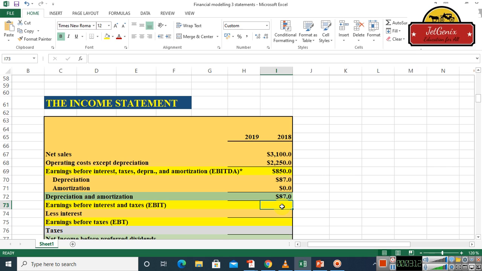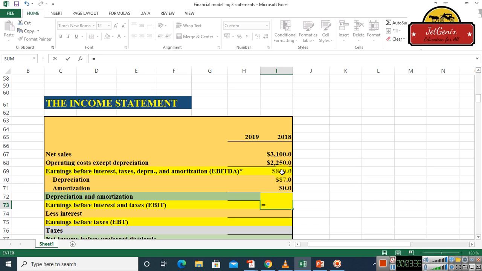And now let's calculate the earning before interest and tax. Okay, so how are we going to calculate this earning before interest and tax? Again, we are going to subtract the depreciation and amortization from the earning before interest, tax, depreciation and amortization amount.